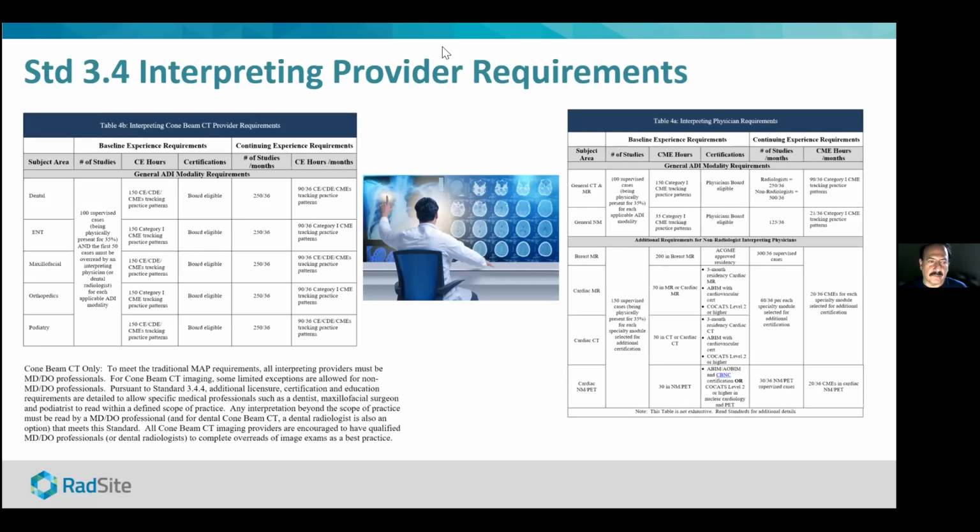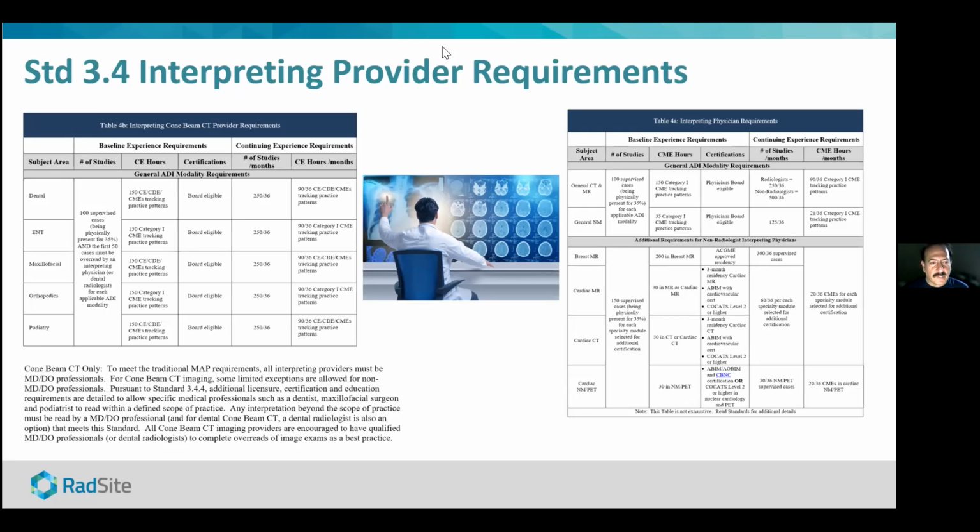Many practices have a library of cases, or may allow one to look at cases retrospectively. One can look at new cases with another person who's experienced in cone beam, or have somebody take new cases that you're doing at your practice and go over those with you and supervise them. So essentially 100 supervised cases in total, with someone physically present for 35% of them.